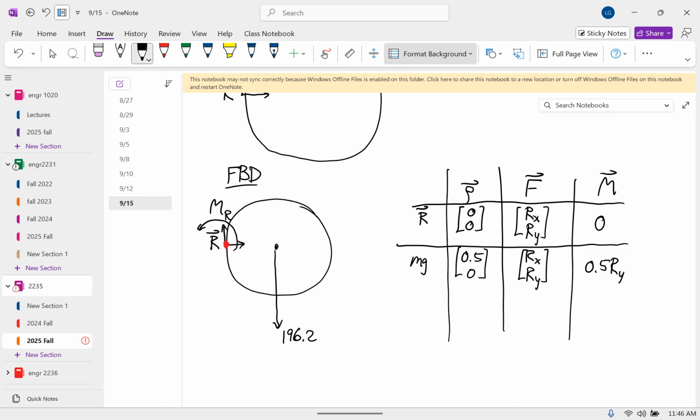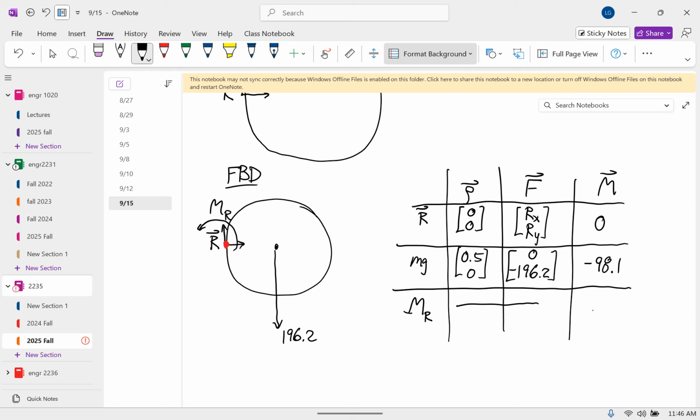Isn't it negative? Is that just the weight? Yes, this is just the weight. Thank you. So this is 0, negative 196.2. So the cross product is negative 98.1. And then the last one is the moment. So we don't care about these.